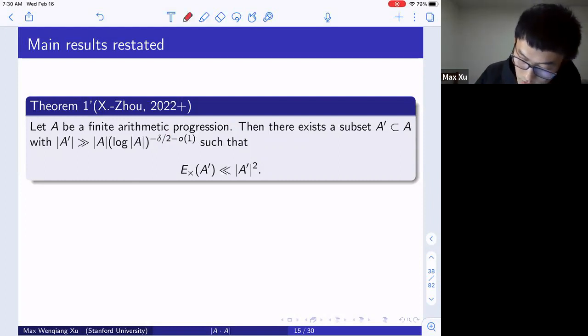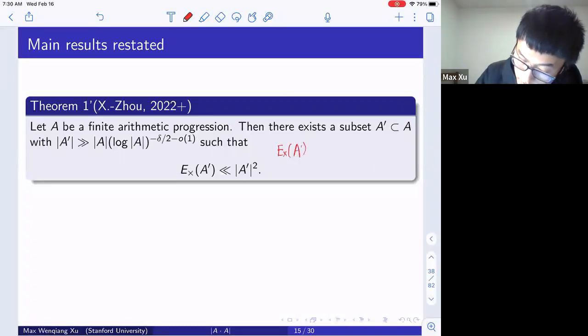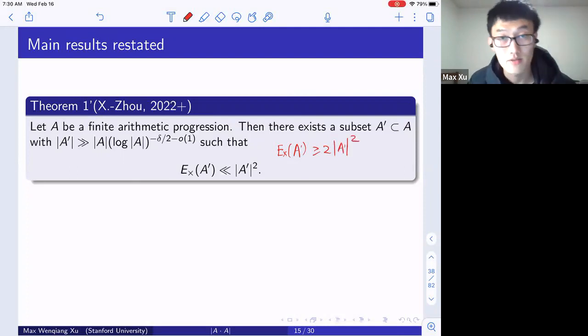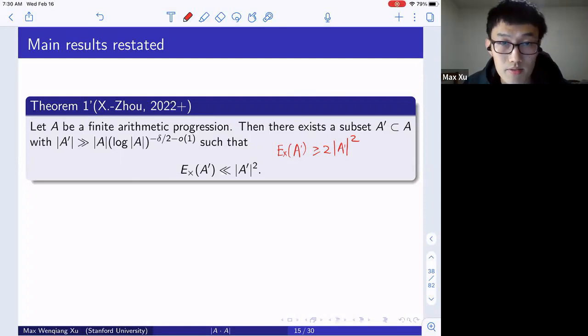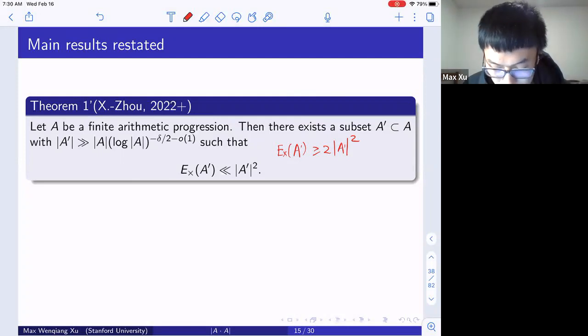Because we know this is always at least 2 times A prime squared, since you just count the diagonal, trivial solutions. So basically the strategy we have here is to find a reasonably large subset whose multiplicative energy is very small.